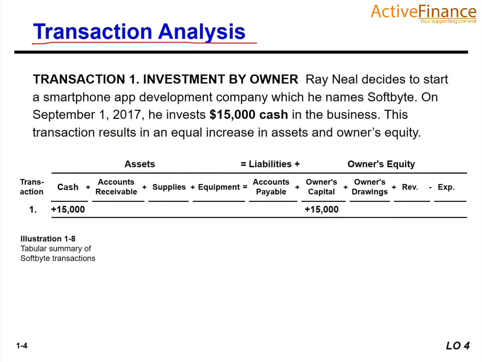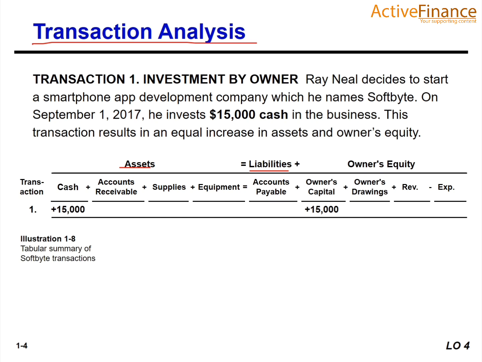Transaction analysis. Let's demonstrate how to analyze transactions in terms of the accounting equation. We will put the transactions in the accounting equation: assets equal liabilities plus owner's equity. We have expanded this equation into separate accounts.